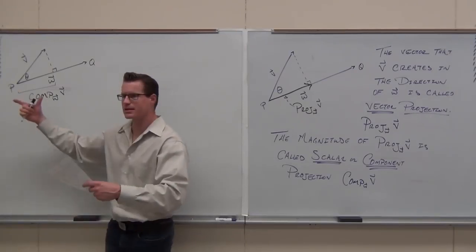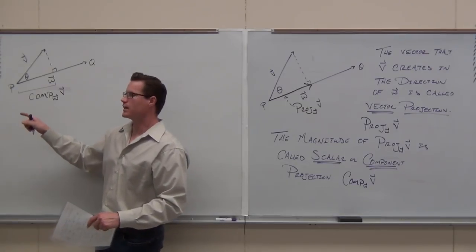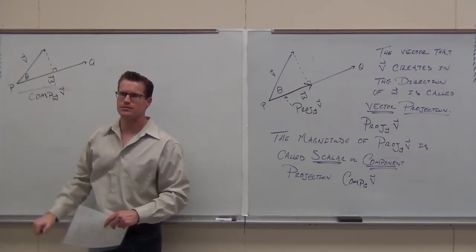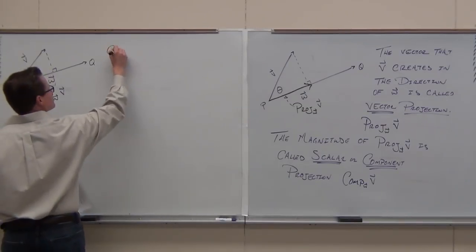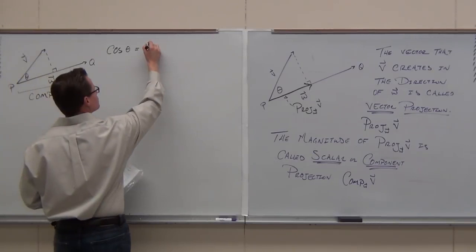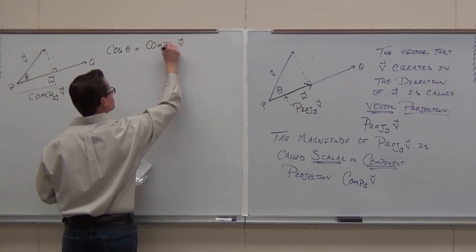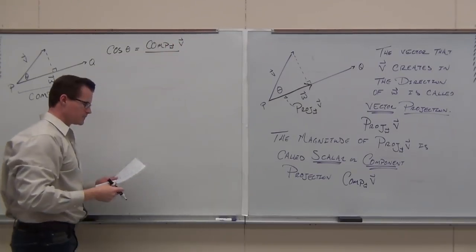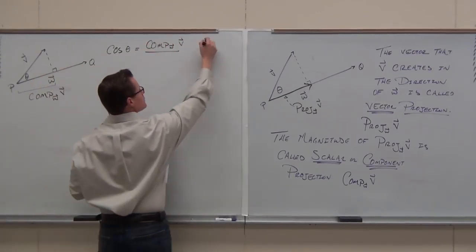And we already have it. It's a component. It's a scalar. It's literally a number. What relates this to that? Cosine. Cosine relates adjacent to hypotenuse. That's the adjacent.